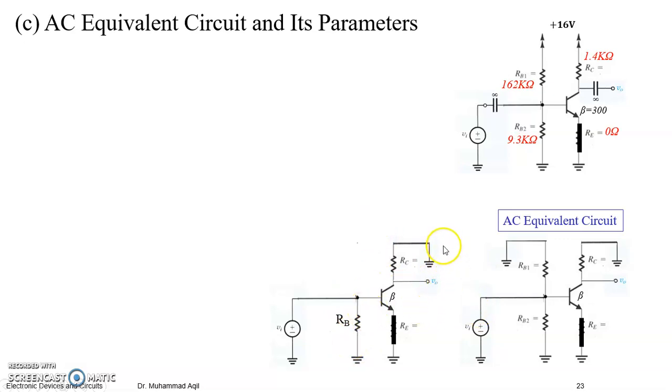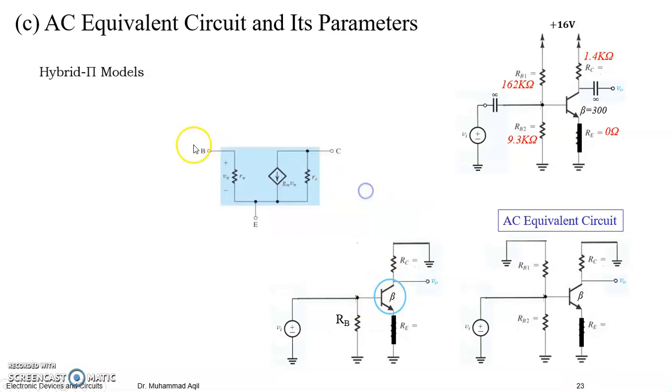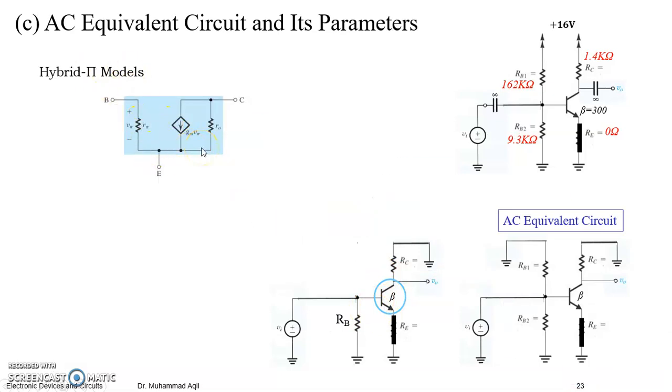But what we have done in this lecture is that this circuit can further be simplified, for small AC signals, by writing a schematic model of this transistor, and then your circuit becomes easier. So currently I am using the hybrid pi model. Why?